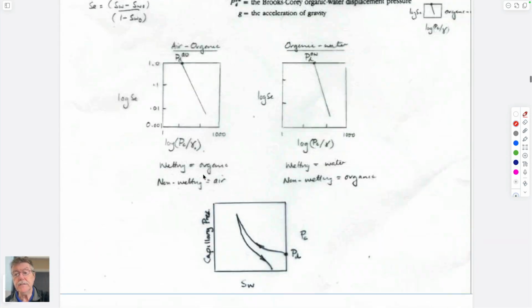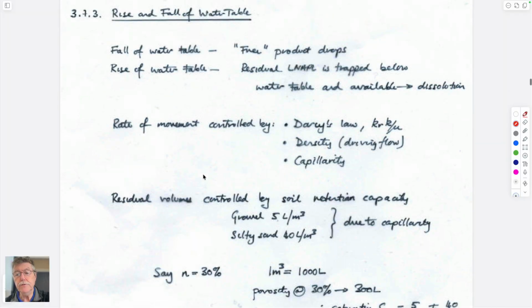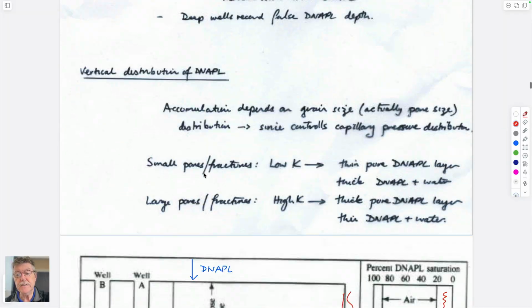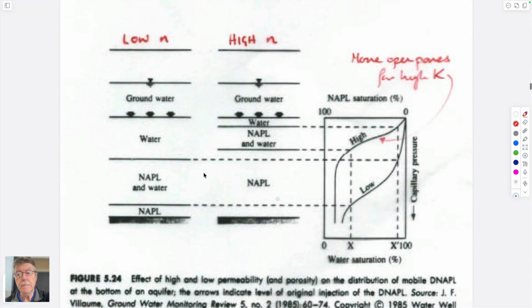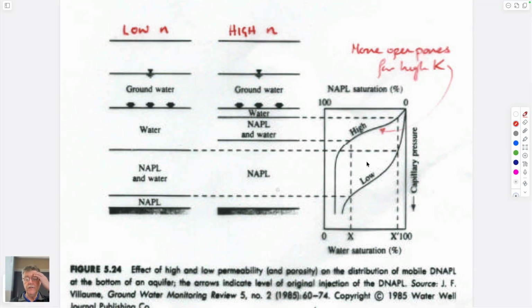So the final thing is that you'd expect that distribution in the subsurface, those saturation distributions, would be contingent on the capillary pressure versus saturation curves. So this is versus capillary pressure, but it also is a surrogate for depth. And so you could imagine two different capillary pressure curves.